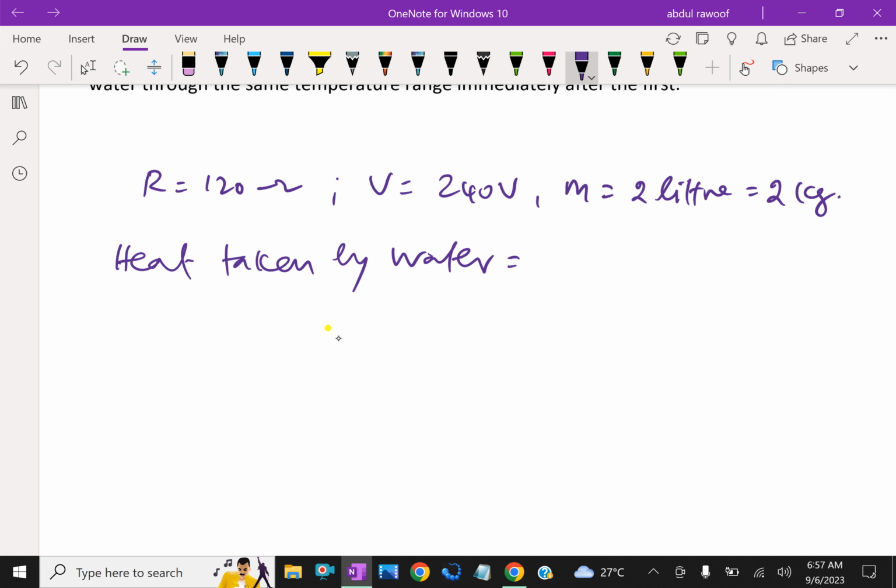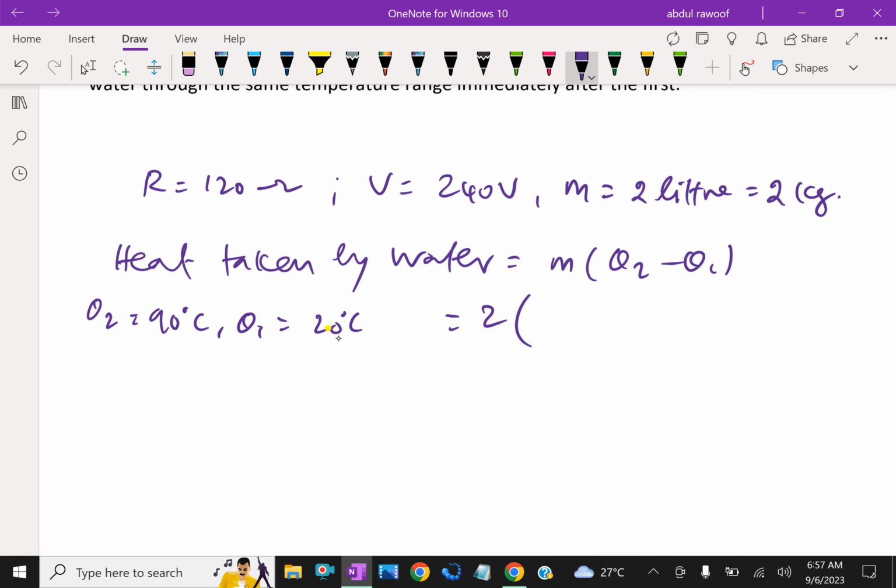Heat taken by water is M into theta 2 minus theta 1. Theta 2 is 90 degrees Celsius and theta 1 is 20 degrees Celsius.